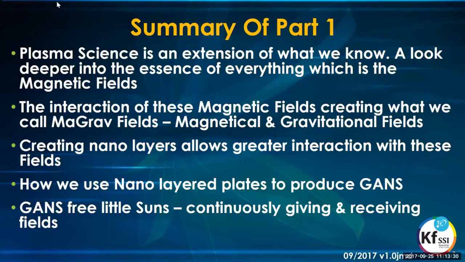From those, we can start creating and producing our different GANS materials. If you had to view the GANS as tiny little suns that are constantly giving and receiving fields, it's the application and use of these GANS materials in, say, health and agriculture, and you'll see how it all starts fitting together under the different portions of science.